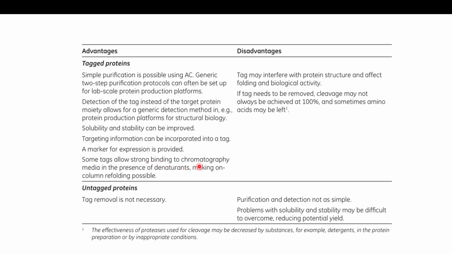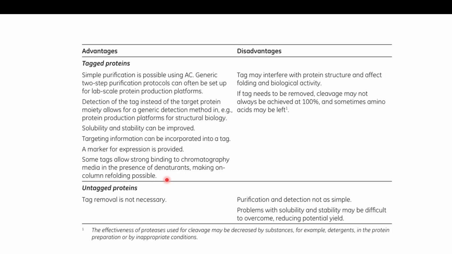Some tags allow strong binding to chromatography media in the presence of denaturants, making on-column refolding possible. Suppose with urea the protein has been unfolded, then in order to refold on the column itself, there are certain buffers which can really help in refolding of the native protein.